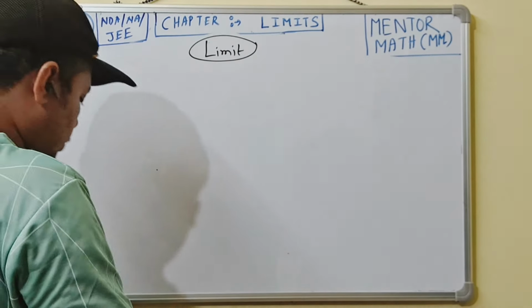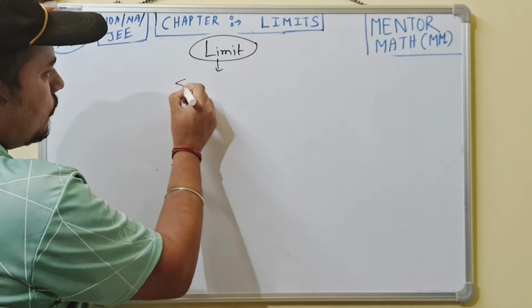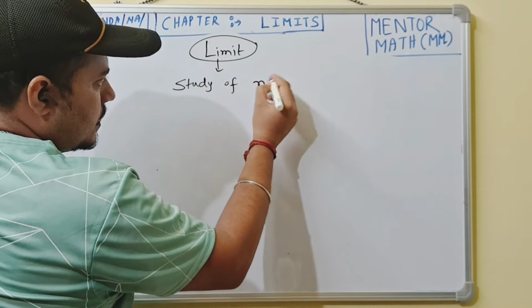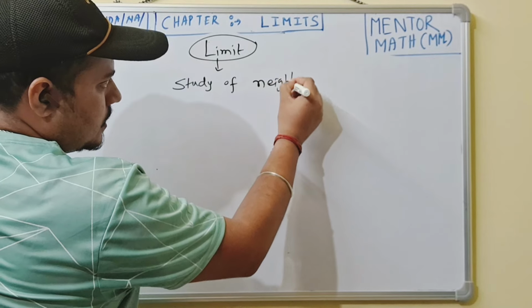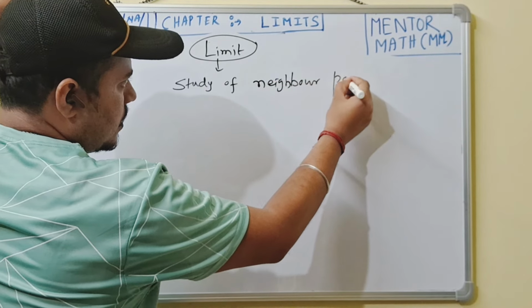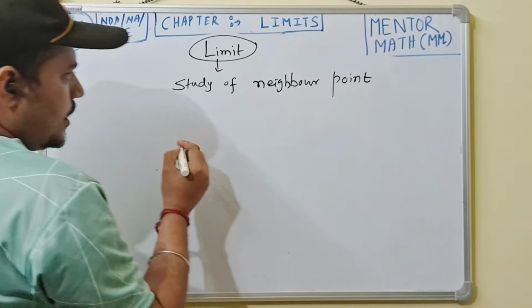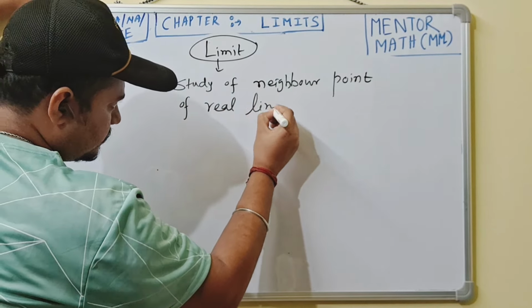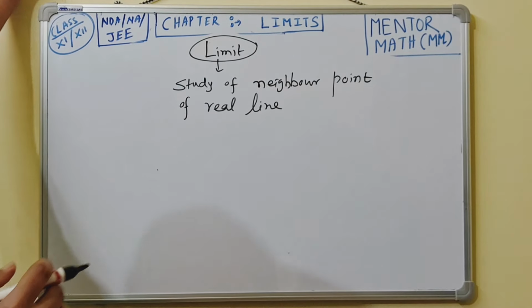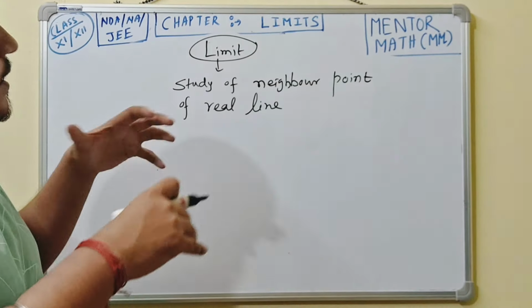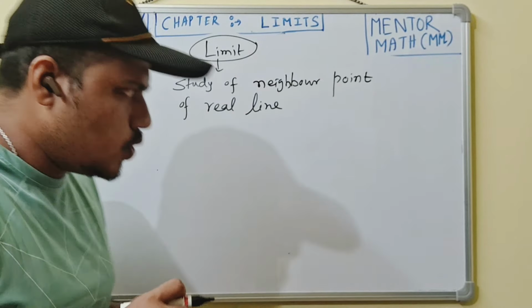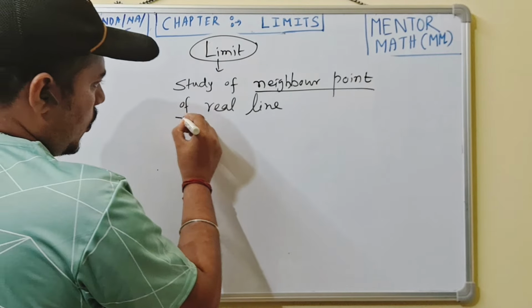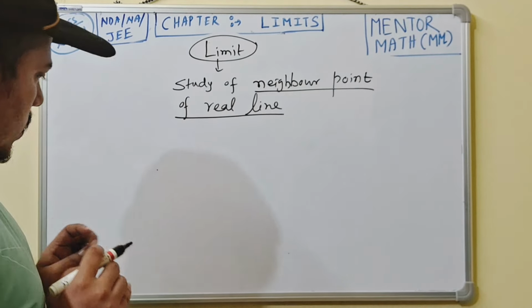Now coming to limit. Actually, limit is the study of neighbor points of the real line. Whatever study we do, basically we study the neighbor points of the real line.